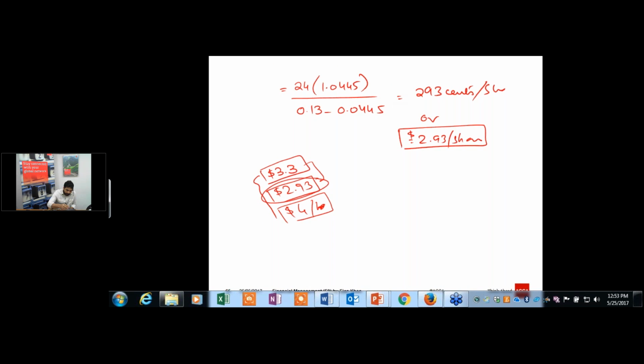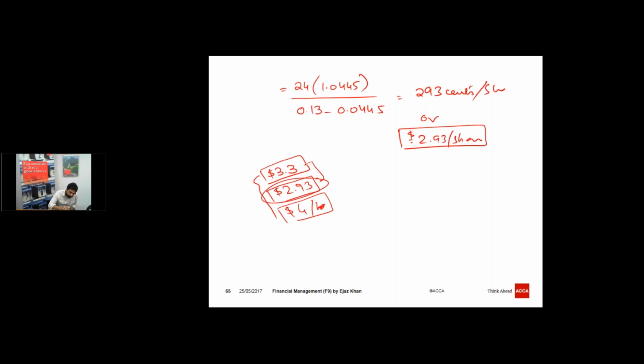So why is the actual price higher than the price predicted by the growth model?